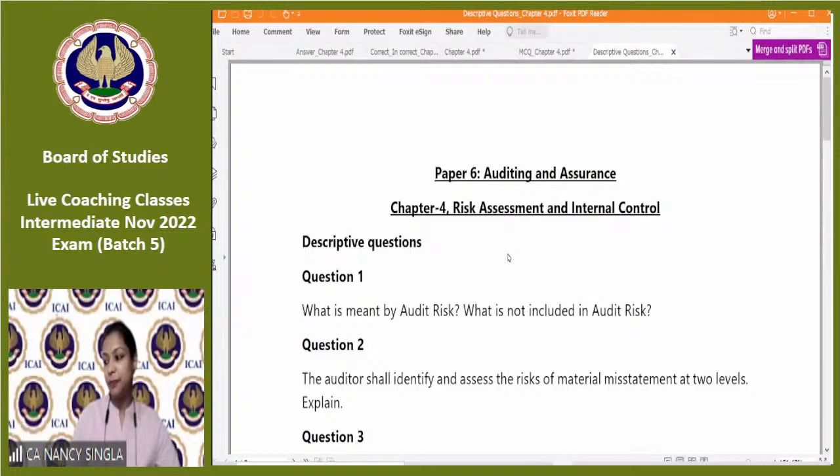I hope students you have understood the chapter, and that you are able to answer correctly without looking at the book for your reference. Hana, please try to answer them based on whatever you have understood.